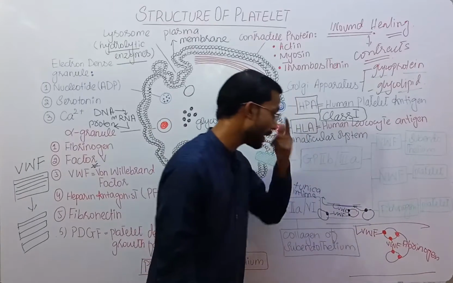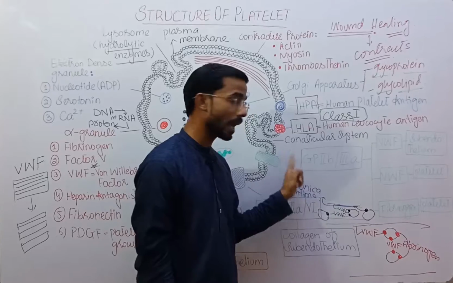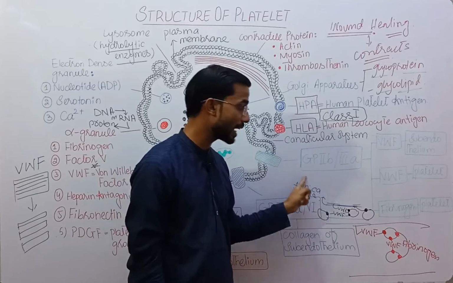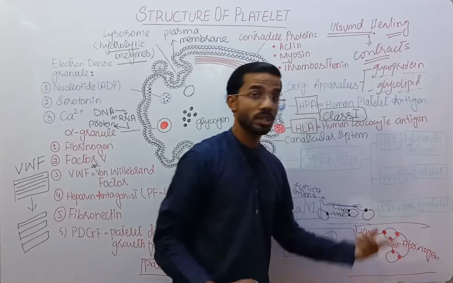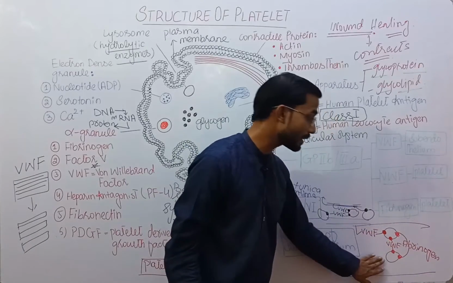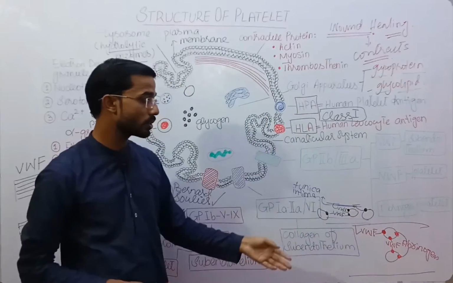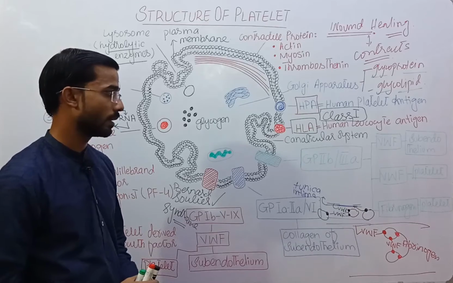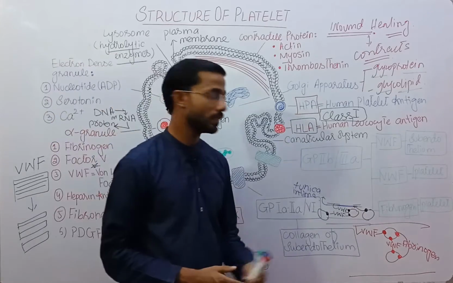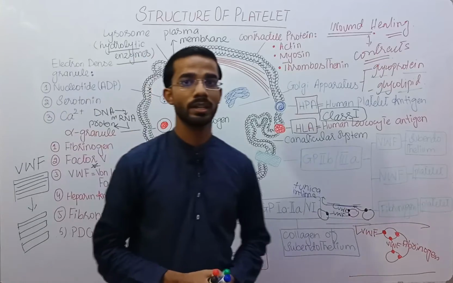And if this glycoprotein complex is attached with fibrinogen, then other platelets having the same complex will also attach with the fibrinogen, which is present mainly in the blood, right? So this is all about the structures of the platelet. I hope you understand it.